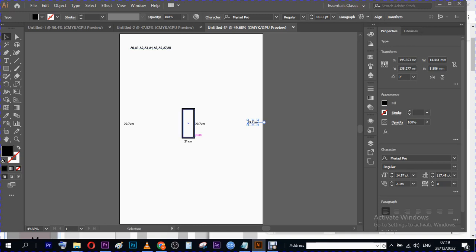So this is an A4 here. Then we continued to A5, A6, A7, and A8. So if we go back here, we make this an A0, then we make this one an A8.